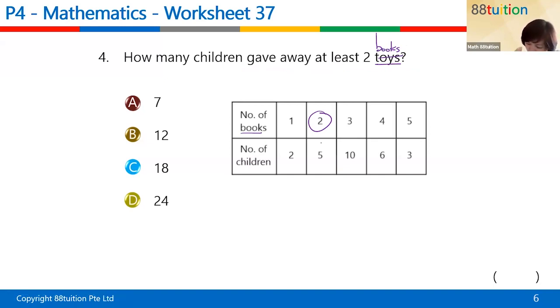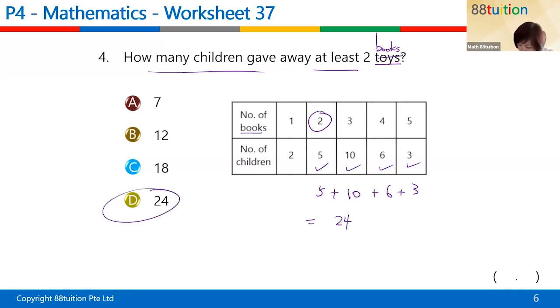So you want to have at least 2. That means this is the one here. So how many children gave away at least 2? You must have 5, 10, 6, 3. You will get 24.